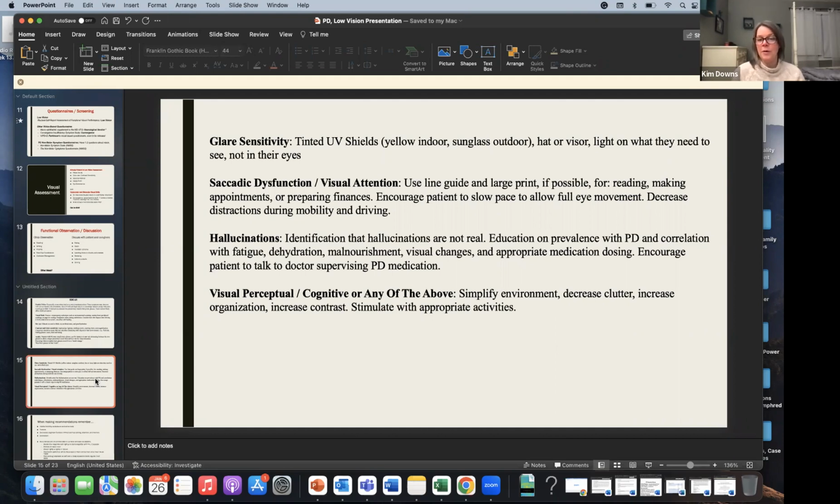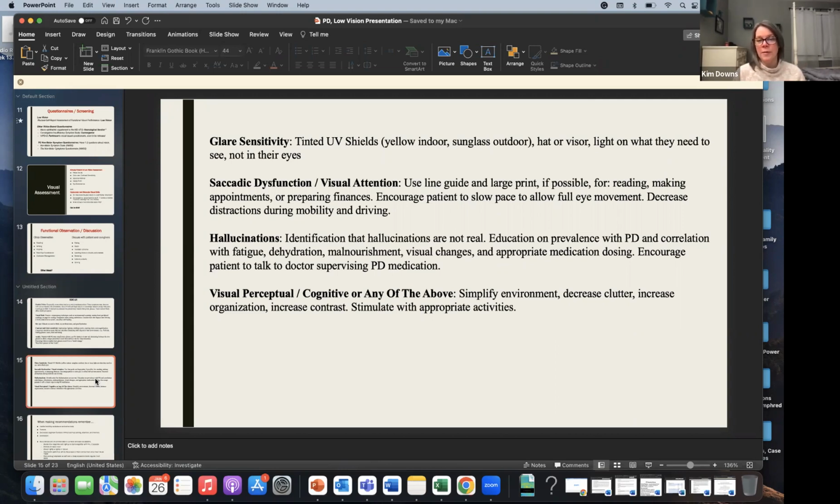If you find that you have a patient whose medication was just changed and they're starting to hallucinate, then you should encourage them to tell the prescribing neurologist or movement specialist, just in case they made too big of a jump with the medication dosing, and the person's system is having trouble adapting to that.